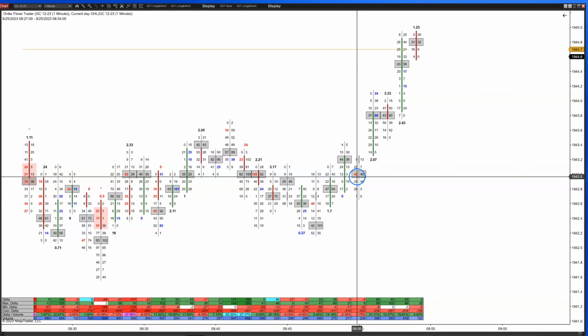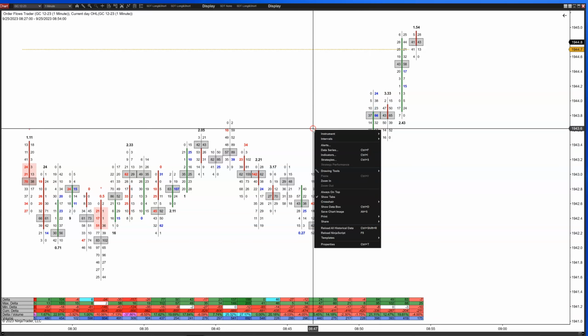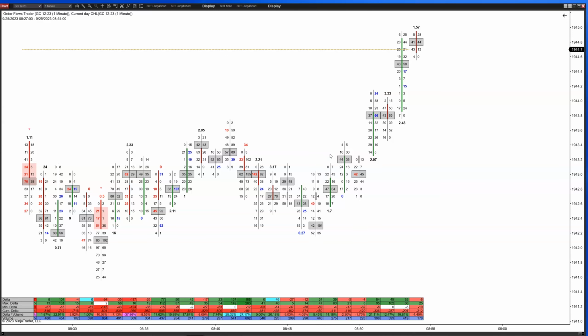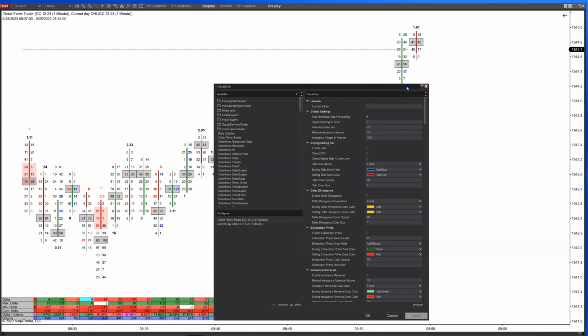So you can see here, the red number in the footprint, 42 against 7, that is a selling imbalance, whereas the blue number in the footprint is a buying imbalance, 14 against 66, 5 against 24. Now, you can adjust your imbalances in your footprint chart if you're using my Orderflows Trader software. You would find it up here, imbalance trigger in percent.